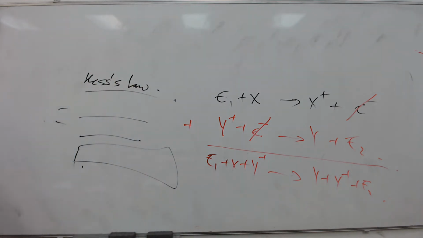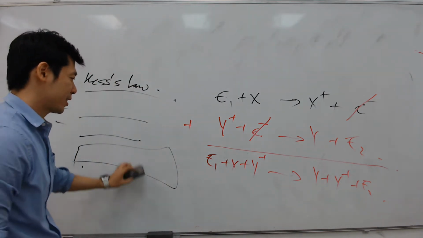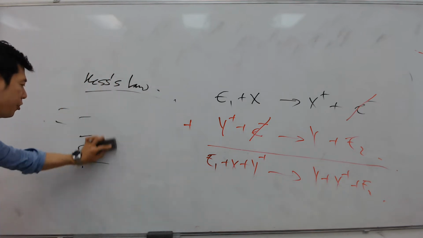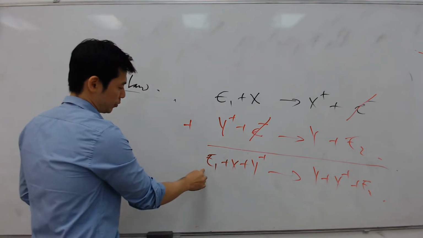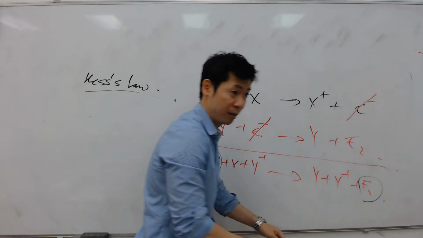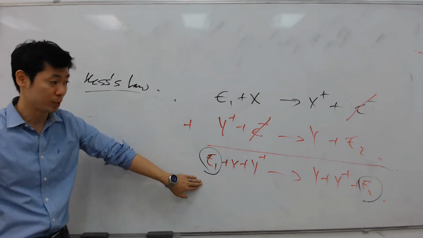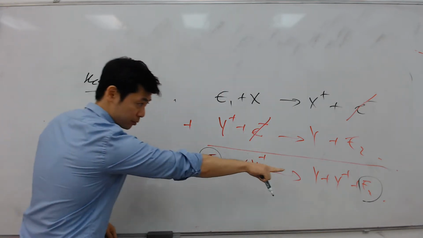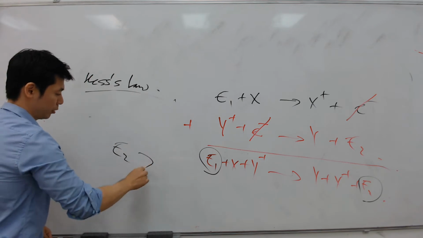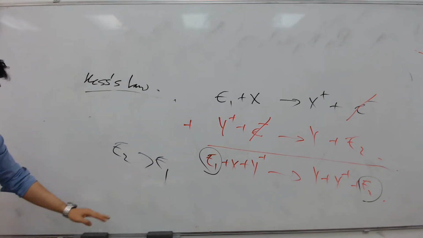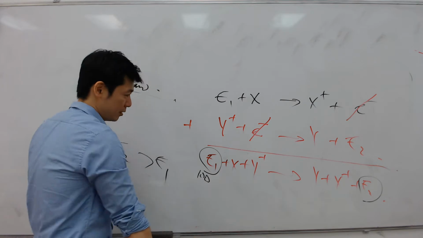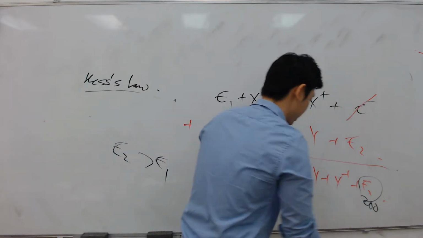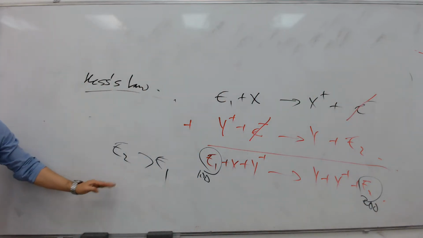So whether this is exothermic or endothermic depends on the value of E1 versus E2. It's exothermic if the energy that comes out is greater than E1. Meaning, if E1 is 100 and E2 is 200 from an energy perspective, then it'll be exothermic. That's what they're looking for.